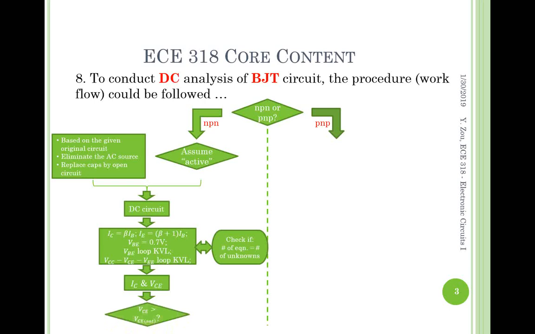From there, we need to check whether our previous assumption of active region was correct, by checking whether VCE is greater than VCE saturation or not. Before going any further, let's take a look at the other route, the PNP BJT circuits.